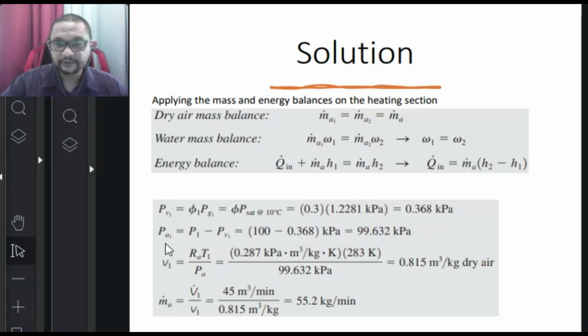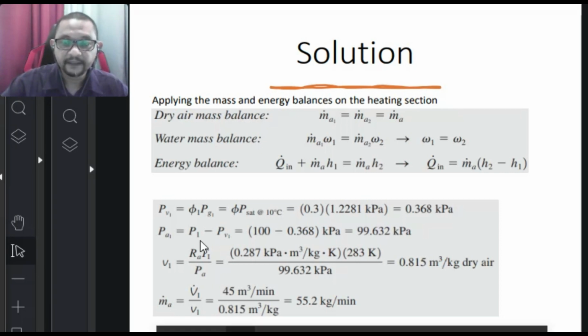Also, you know the total pressure of the atmospheric air is mixed dry air and moisture. So the total pressure is the partial pressure of dry air plus that of water vapor.